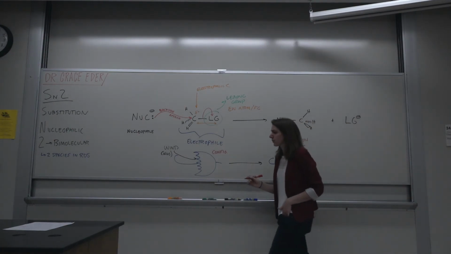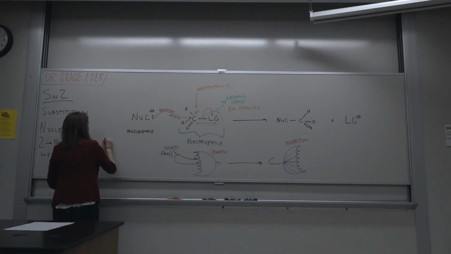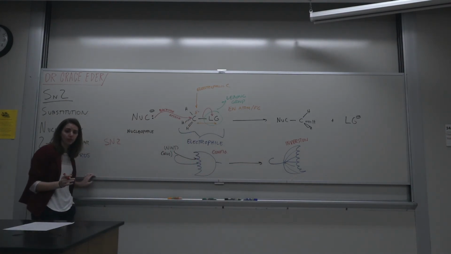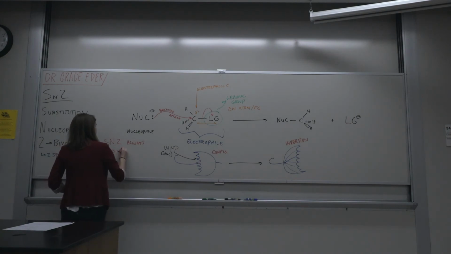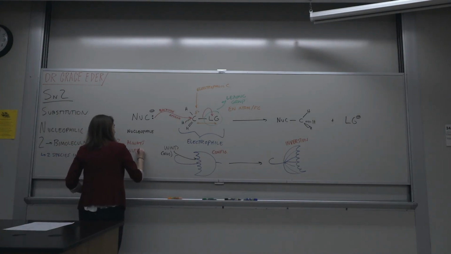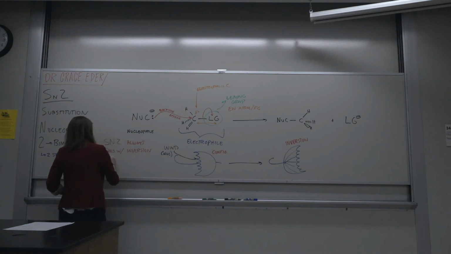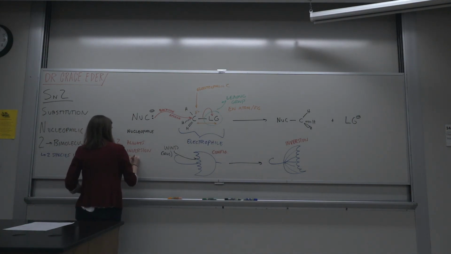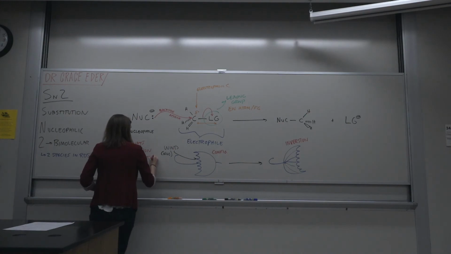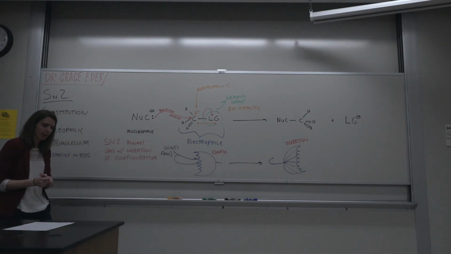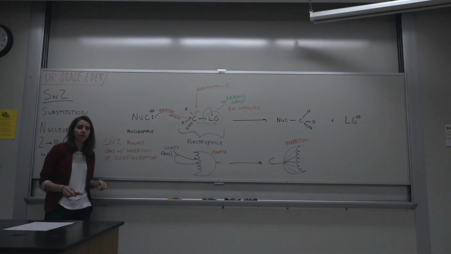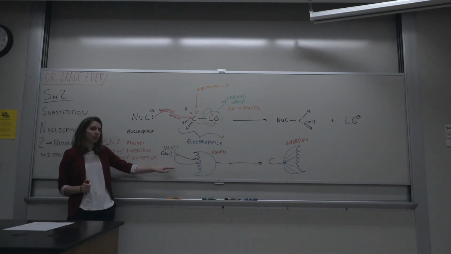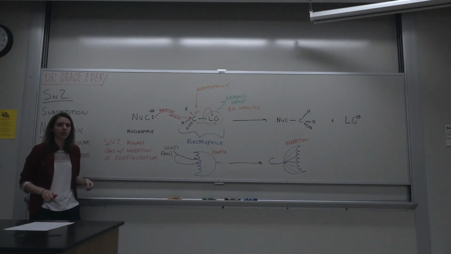So what this means for our purposes is that we need to remember that SN2 always goes with inversion of configuration. That does not necessarily mean, however, that it goes with a change in R or S. So we'll talk about some of the strategies to address making sure that you're paying attention to the stereochemistry in some examples coming up next.